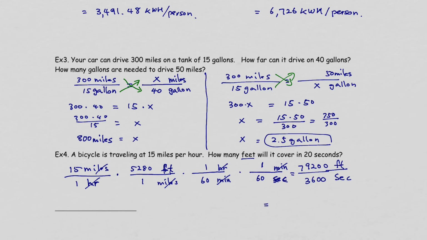And when you use the calculator, you will end up getting 22 feet per second, right? And then what you're going to do on top of this is, this is per 1 second, but they wanted to find out in 20 seconds.